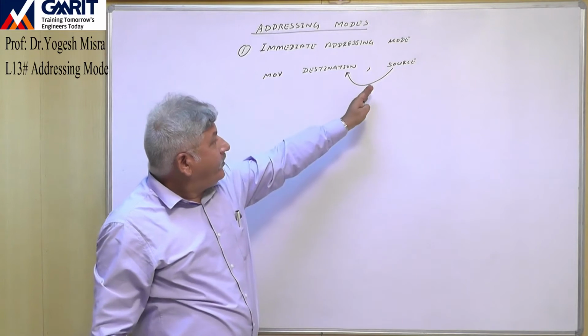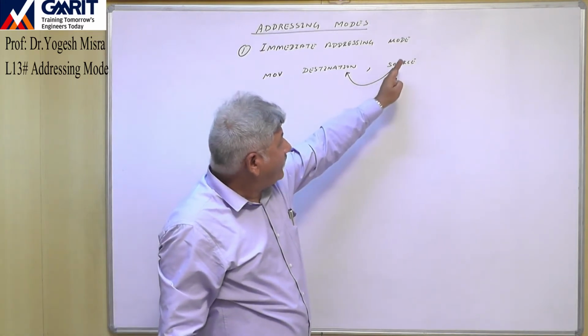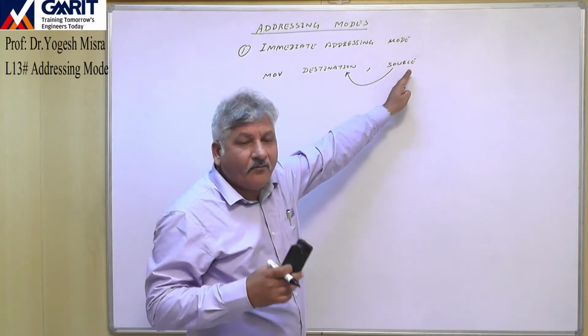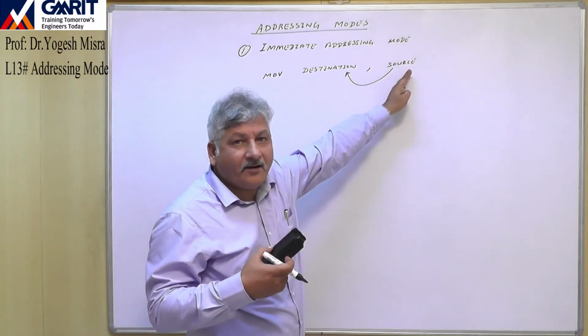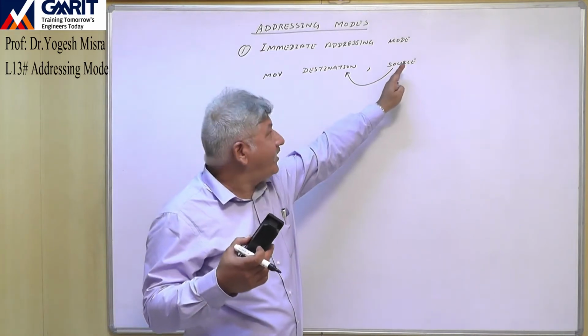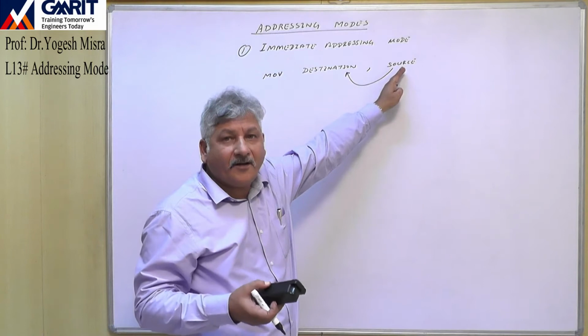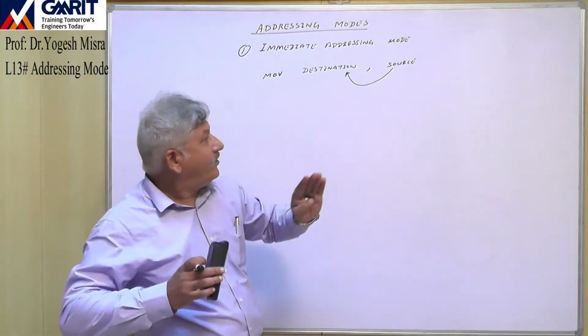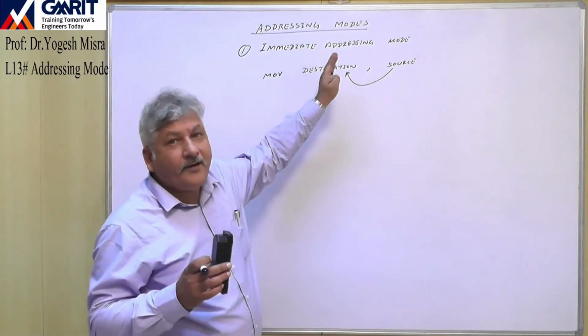Now, depending upon what type of source we are having, whether our data is an immediate data, or the data is in a register, or we are mentioning the address of our data, the addressing mode will be defined.